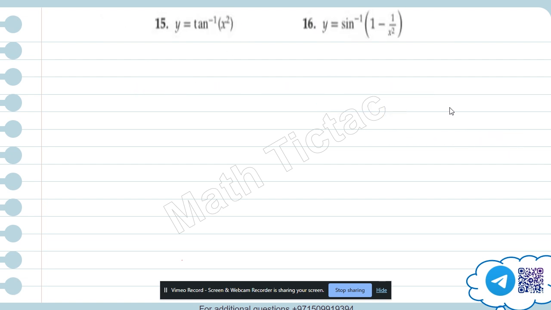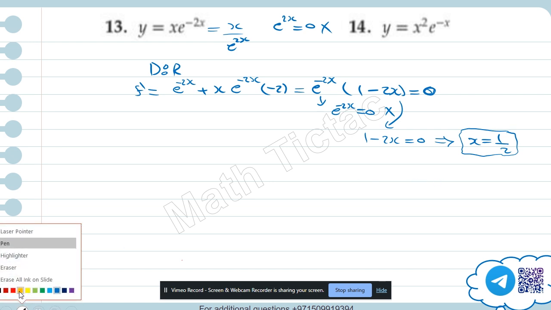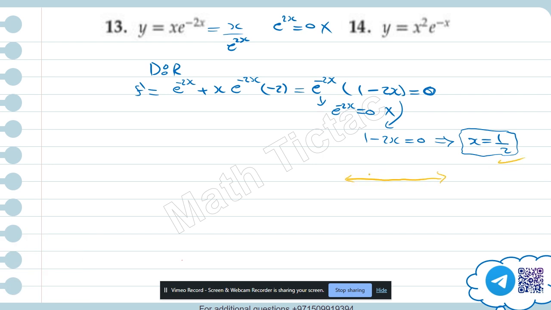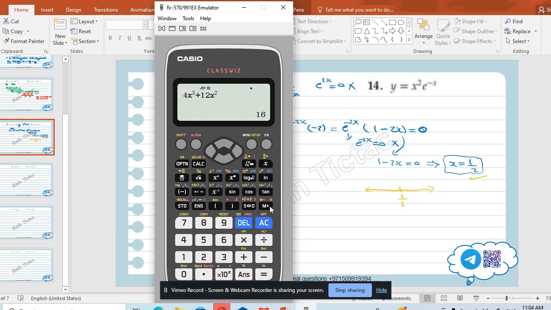So from this, e to the power minus 2x equals 0. This is rejected. From the second one, I have 1 minus 2x equals 0. So that will give me at the end x equal to 1 over 2. That's it.